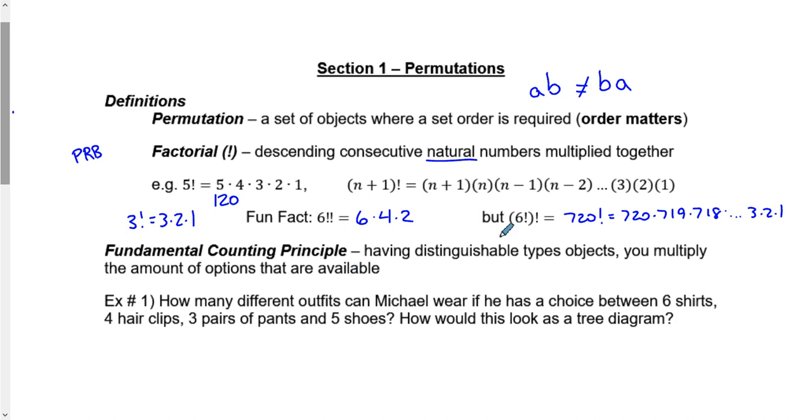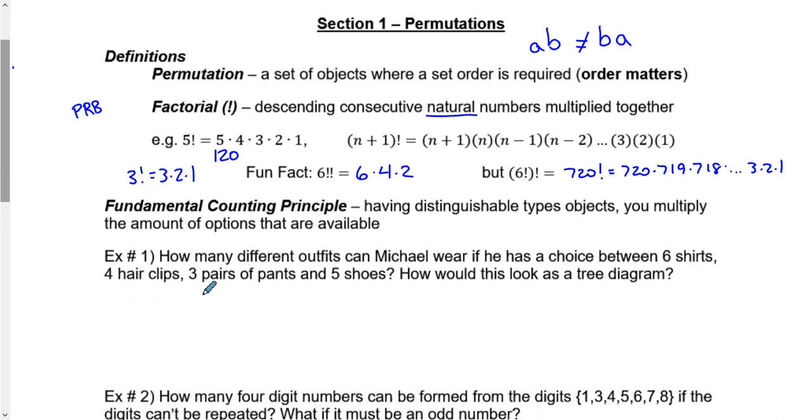So very different notation. Again, this is just a fun fact. Obviously, you don't have to remember that, but it's interesting because it's a little bit different. In the same line, if it was triple factorial, we would skip 3 to do the next number. That's just how this little bit of notation works.